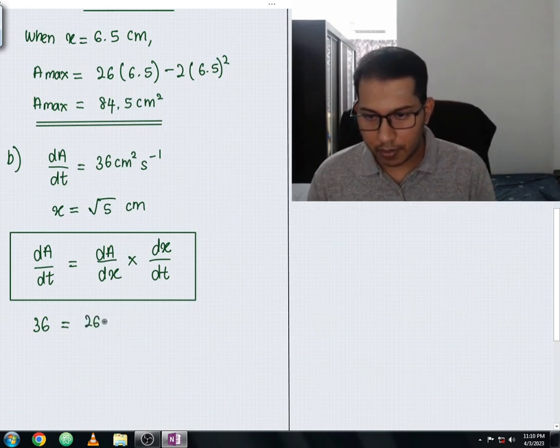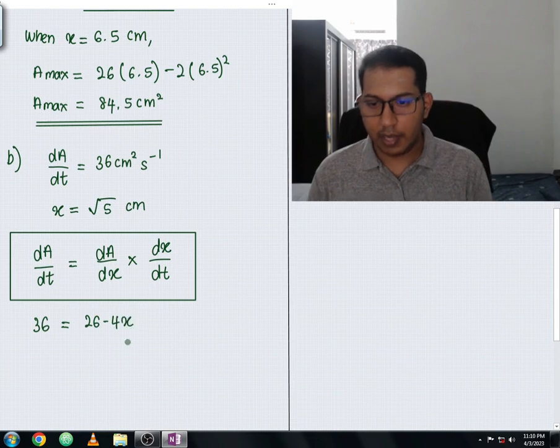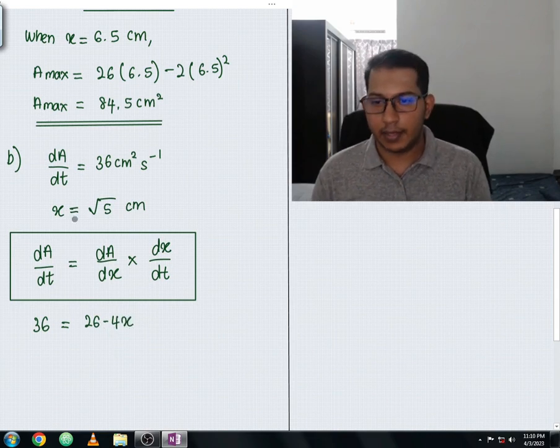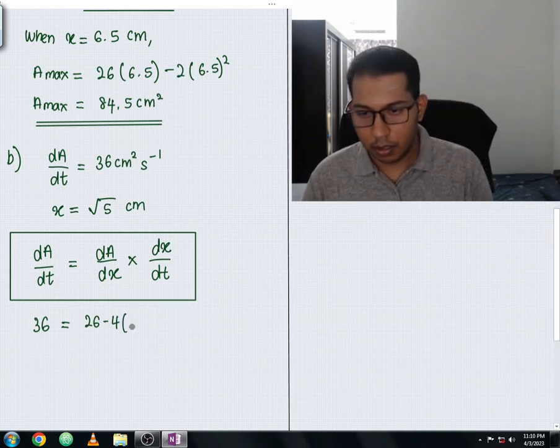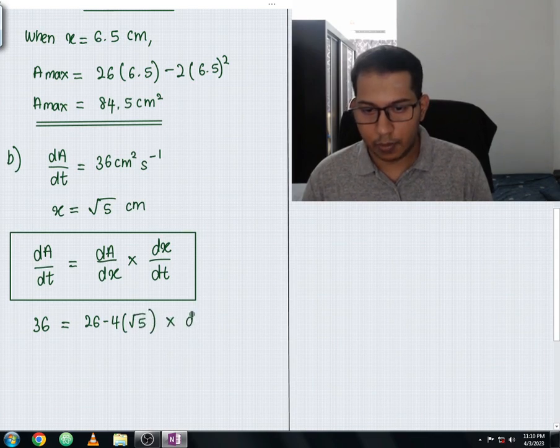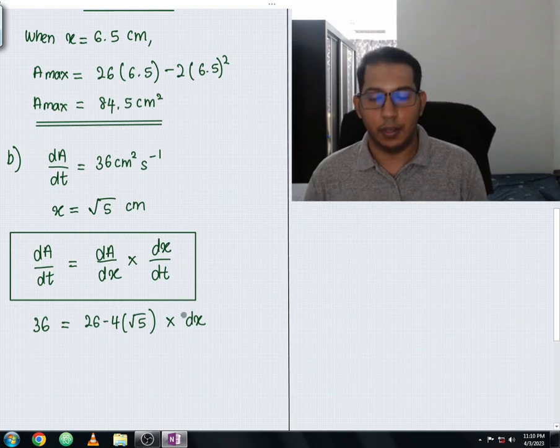Instead of writing x here, we're going to substitute x as 35 over here. So x will become 35. And then you times dx over dt. So this is the one we are going to find now, since we don't know the actual value yet.